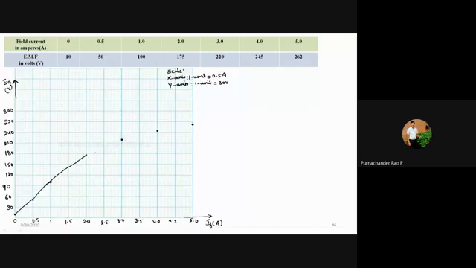This is a straight line. This is a graph.